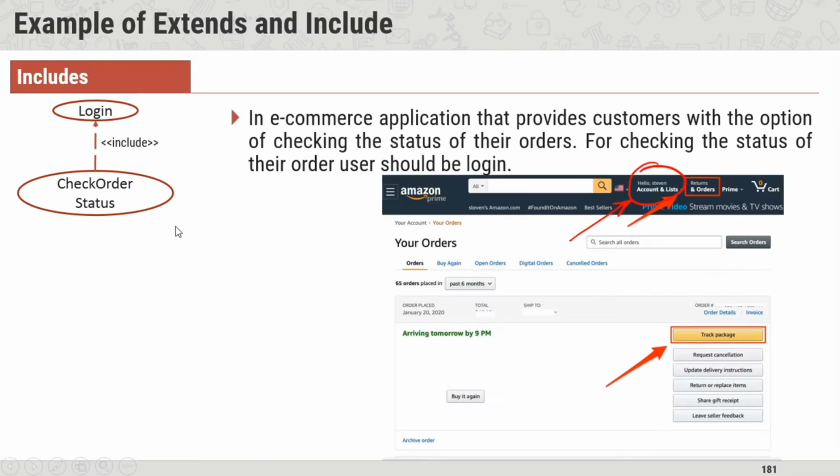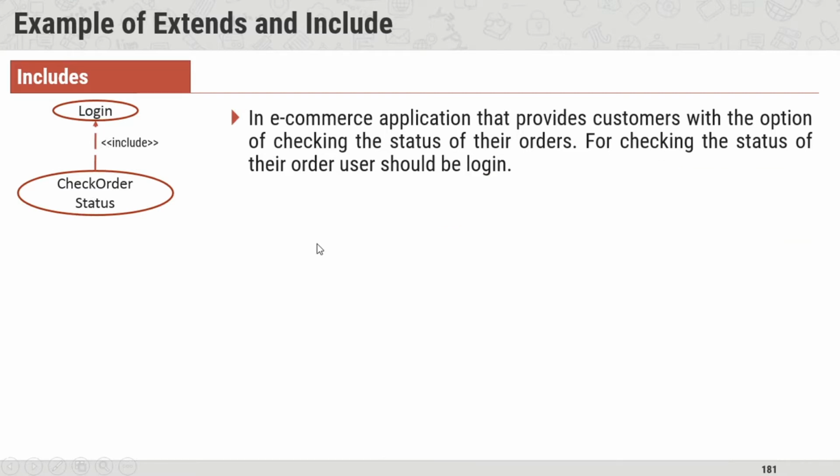So that's why we say that in any e-commerce application that provides customers with the option of checking the status of their orders. Suppose I have purchased anything on my Amazon, and to see the status of the order, I should first of all log in into that account. So that's why we say that this is included, like if this will happen, then and only then we can go for it.